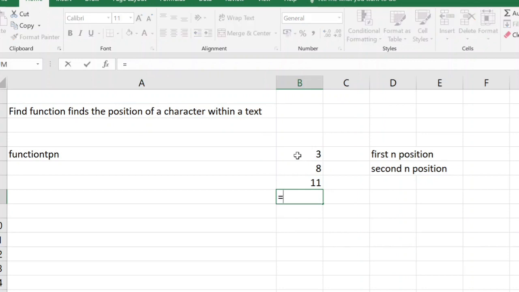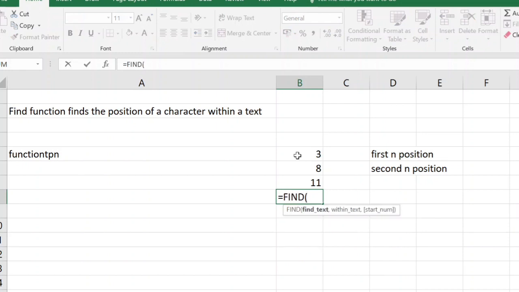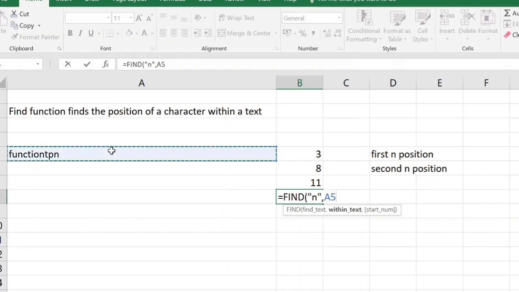For the third n, we again use the find formula: find text n, within text this one, and then start num.